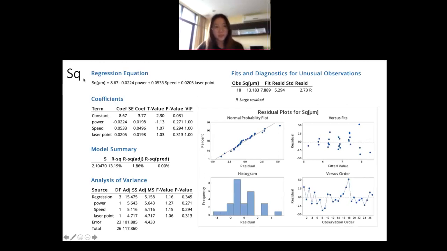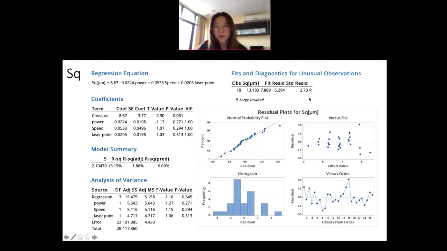For the first one, SQ, this is the regression equation, where the coefficients show how much the value will change if the power changes or something like this. So there is a regression equation, the coefficients we can put in that equation, and the model summary, like the R-square values.